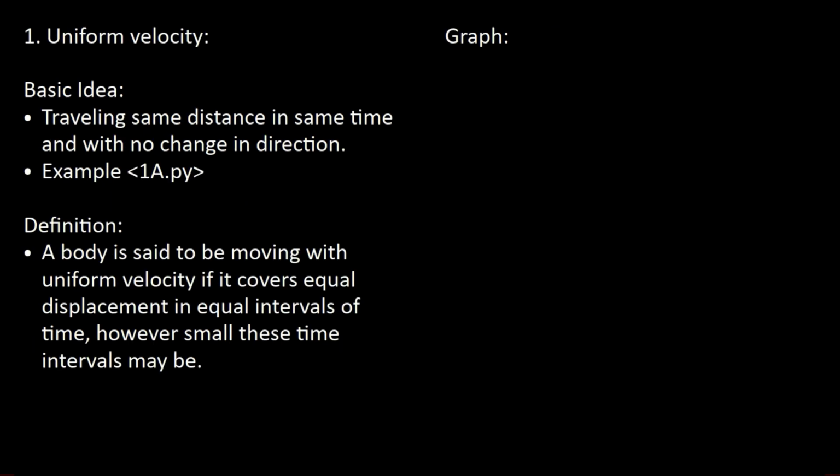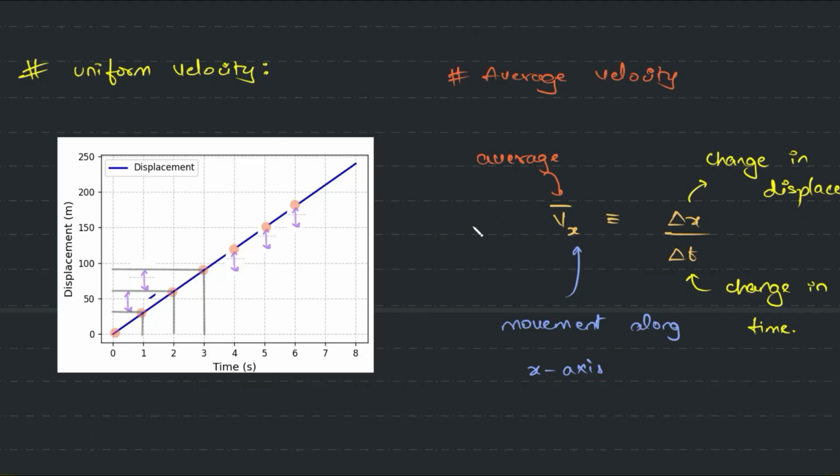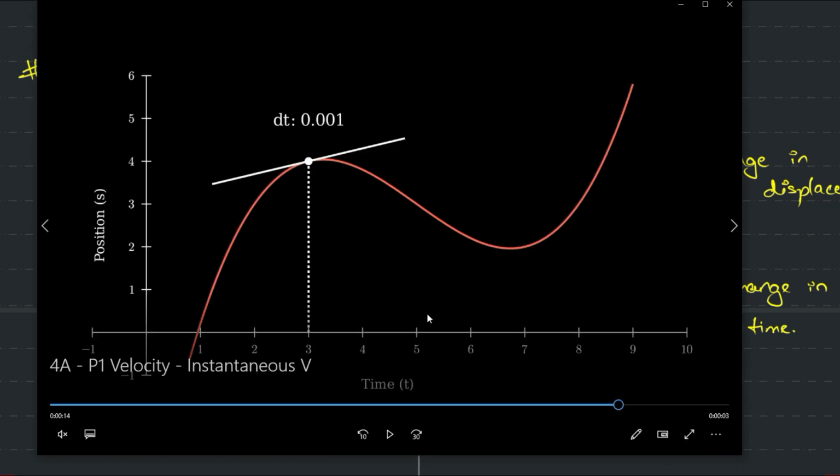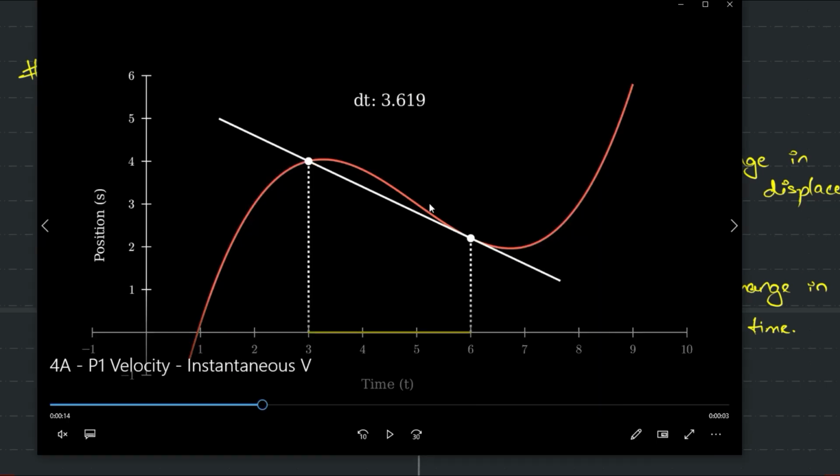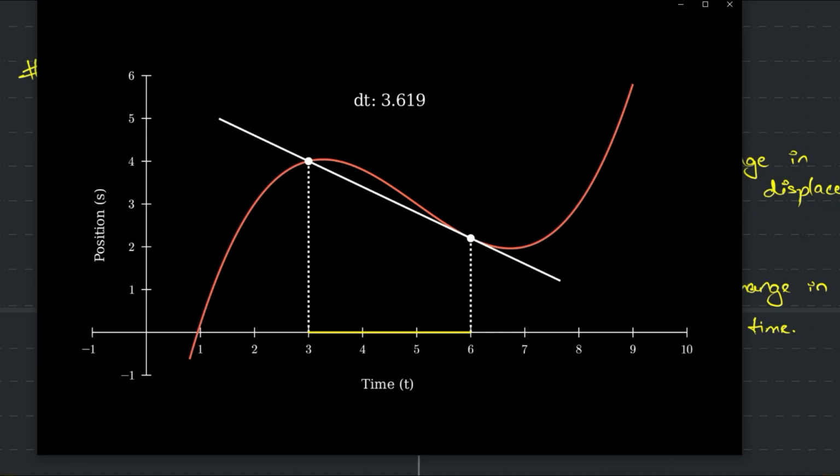Uniform velocity deals with traveling the same distance in the same time with no change in direction. That's important. Then we looked at average velocity, which is change in displacement by change in time, and all of this is an example of average velocity.